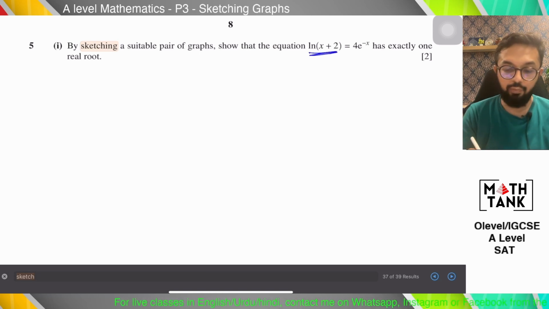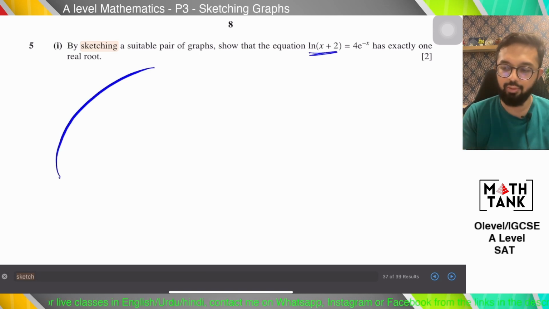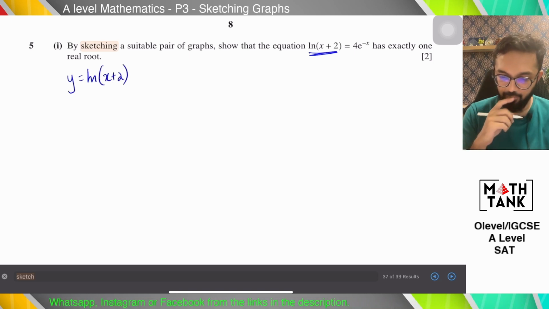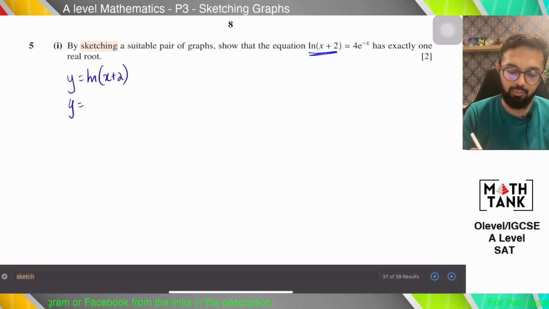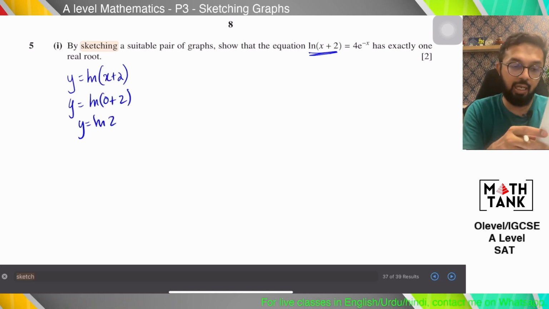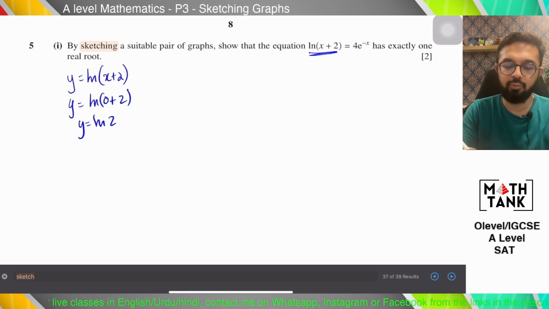I have to draw the graph of ln(x plus 2). Now remember that ln has that shape, but I will have to find out its x and y intercepts. So y equals ln(0 plus 2) first. I'm trying to find the y-intercept. So the y-intercept is at 0.693.